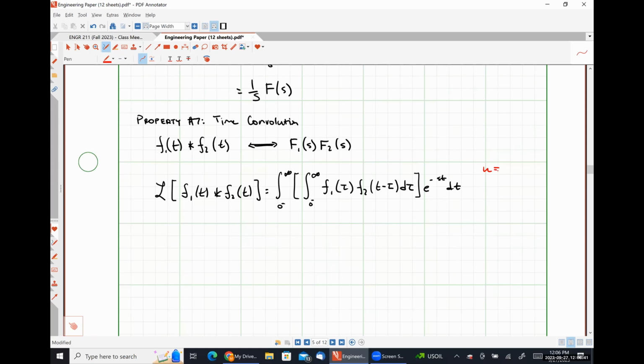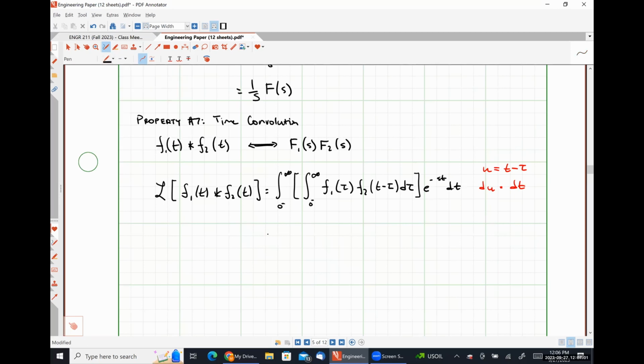Just doing a simple substitution here. We're going to define u to be t minus tau, and du will be the same thing as dt.